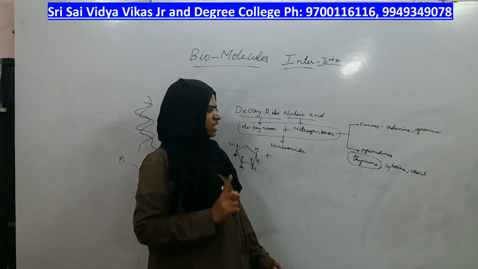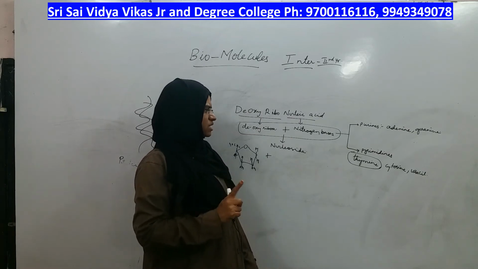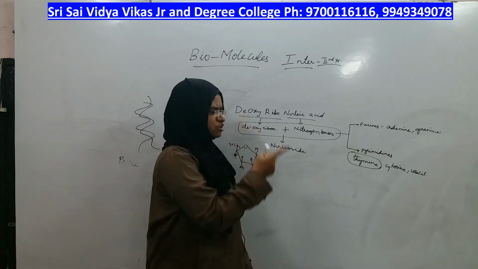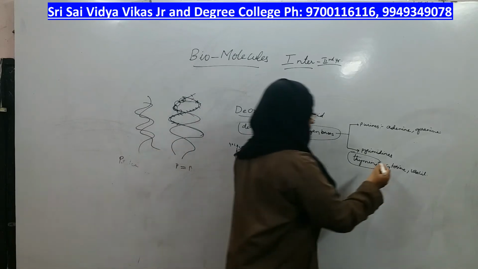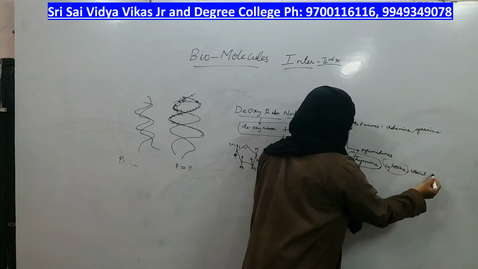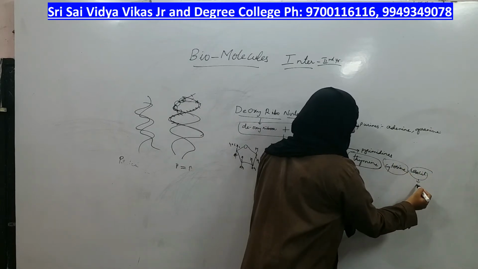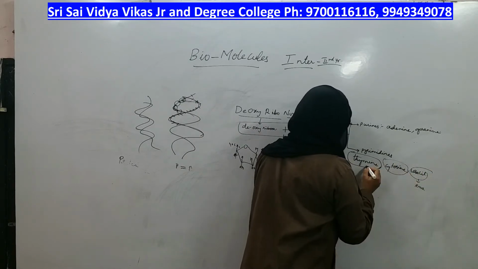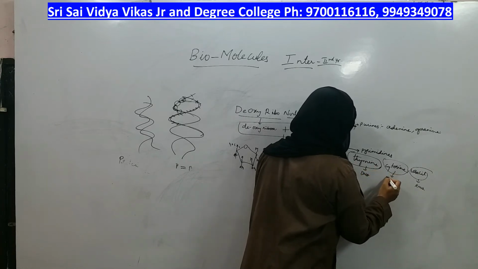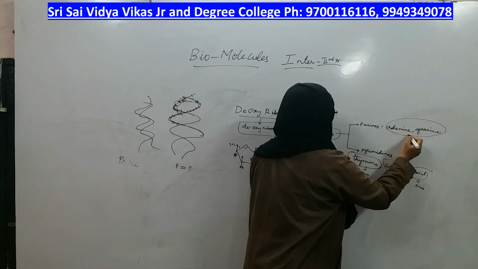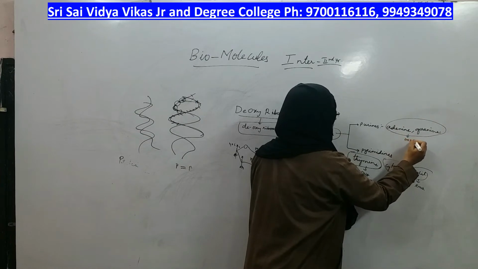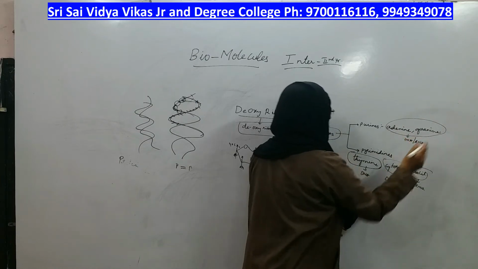Thymine is present as a pyrimidine in DNA and uracil is present as a pyrimidine in RNA. Cytosine is common for both, but uracil in RNA only and thymine in DNA only. Cytosine is in both DNA and RNA. In the same way, adenine and guanine are also in both DNA and RNA, right?